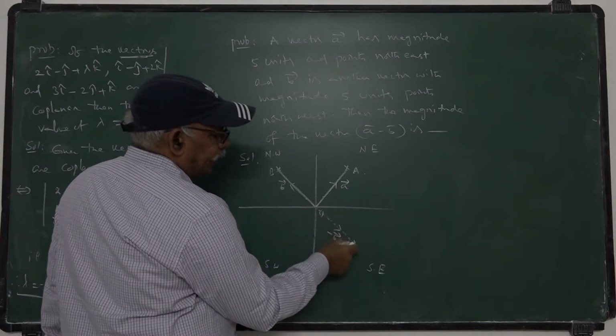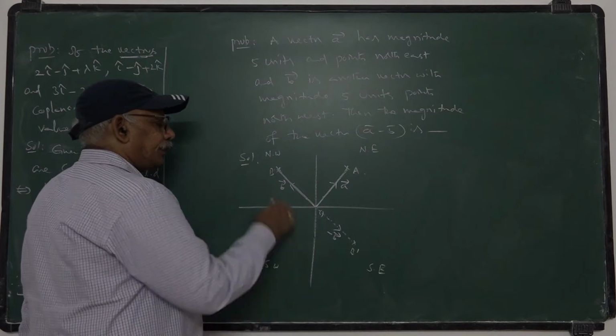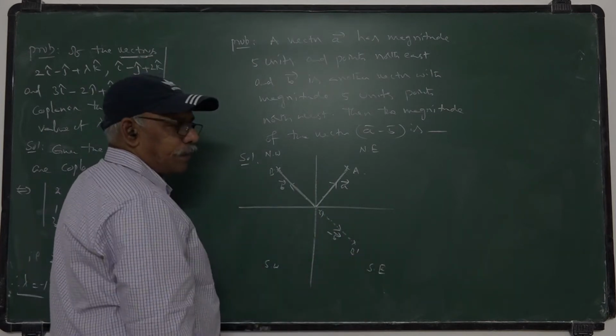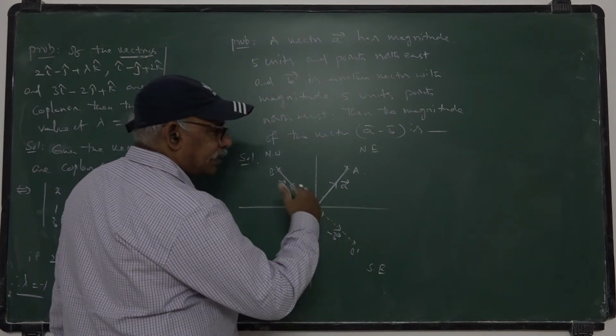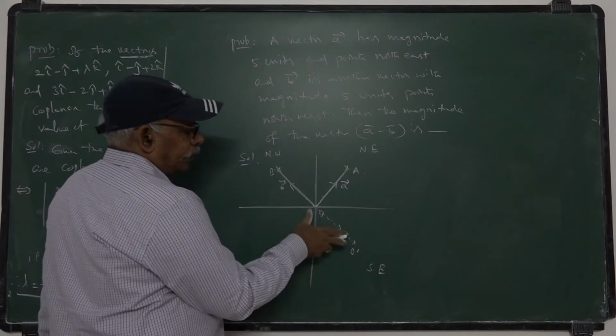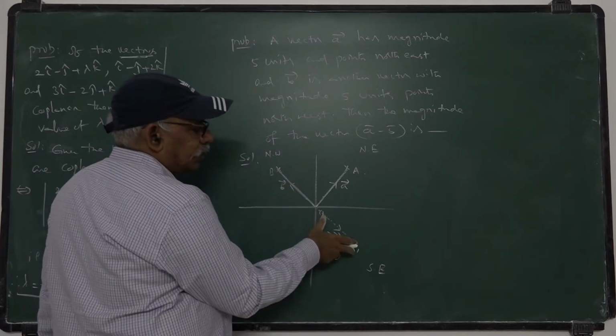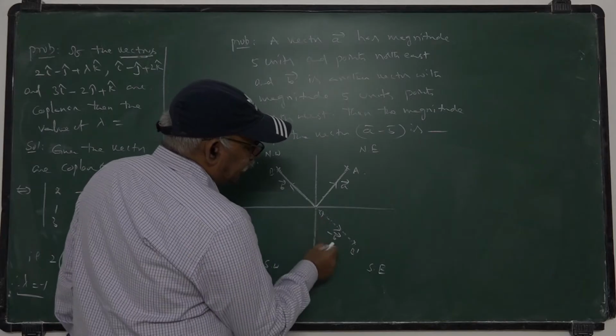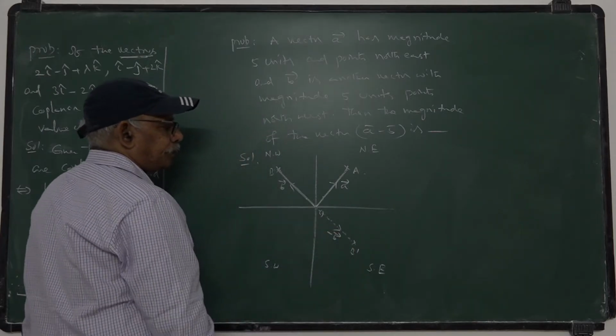Assuming that vector in the opposite direction of B bar and having the same magnitude of B bar, that means once this is 5 and this is also 5, then it is minus B bar clearly.